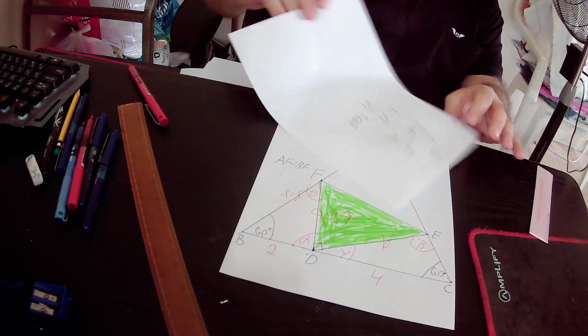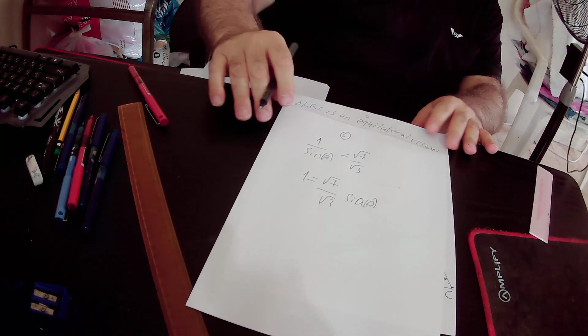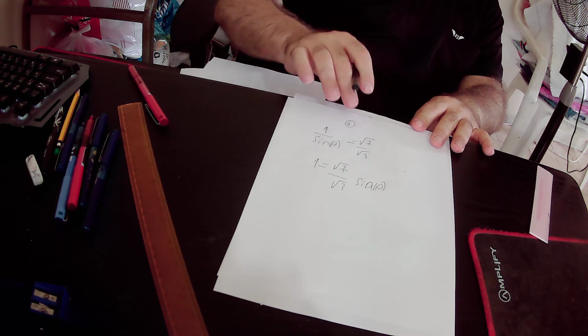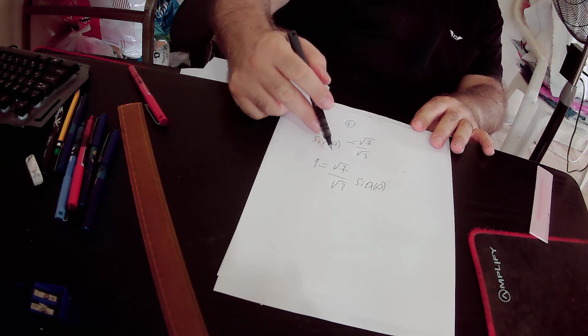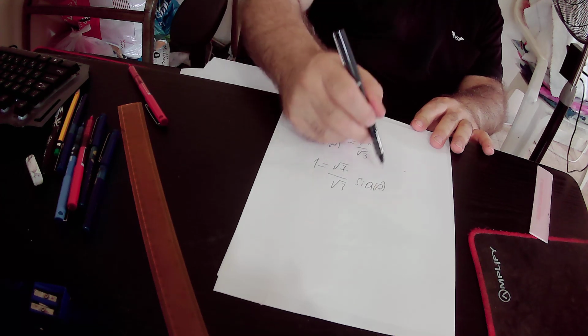Okay, so we multiply this equality by sinus theta, and we get that 1 equals root 7 over root 3 times sinus theta.